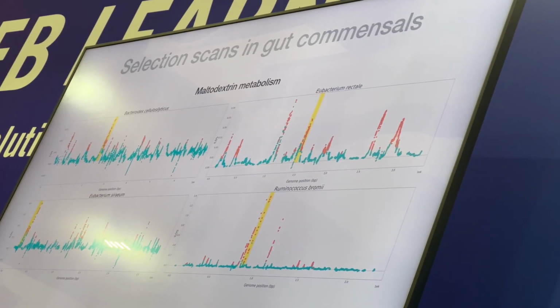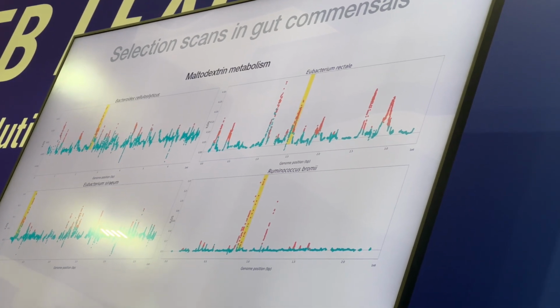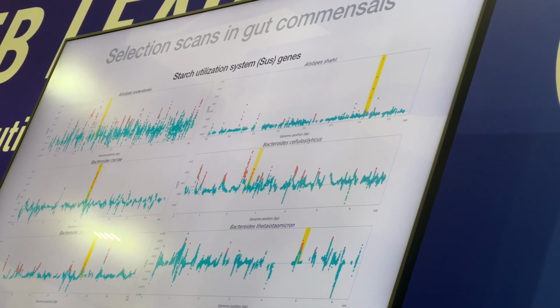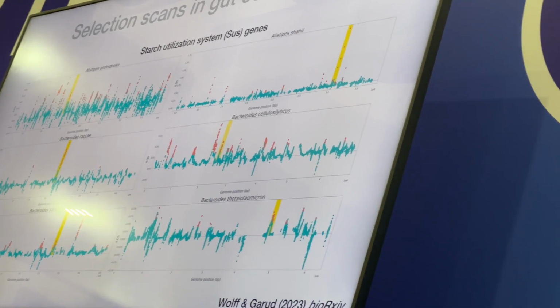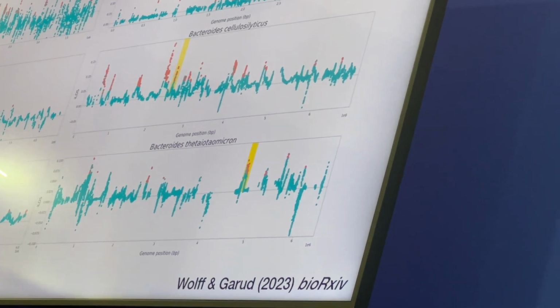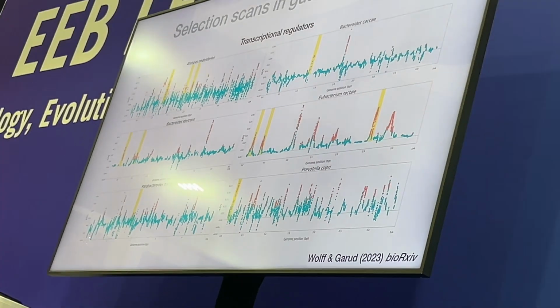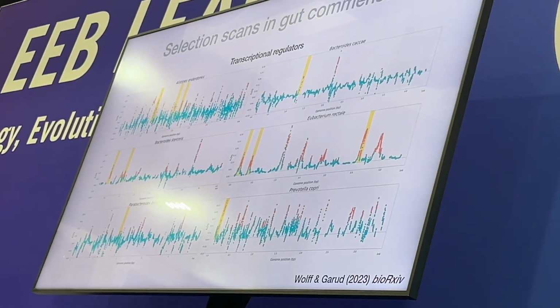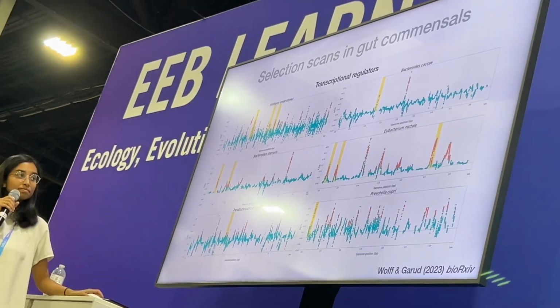Here are some of the scans. Again, other species show peaks at the maltodextrin metabolism gene. We see genes that are involved in the starch utilization systems, which are known to also evolve within hosts. And then we also see transcriptional regulators under evolution as well. And this is just a flavor of some of the categories under selection.